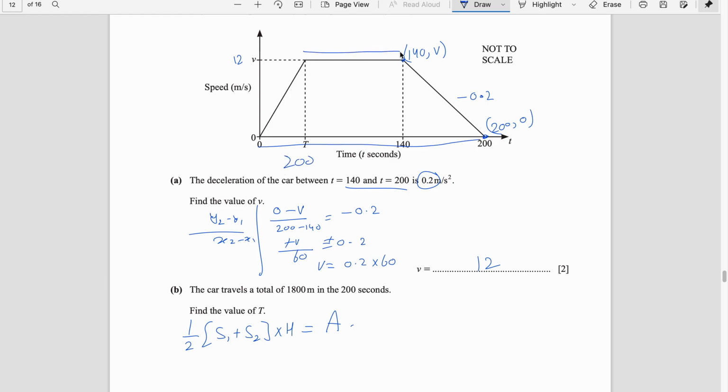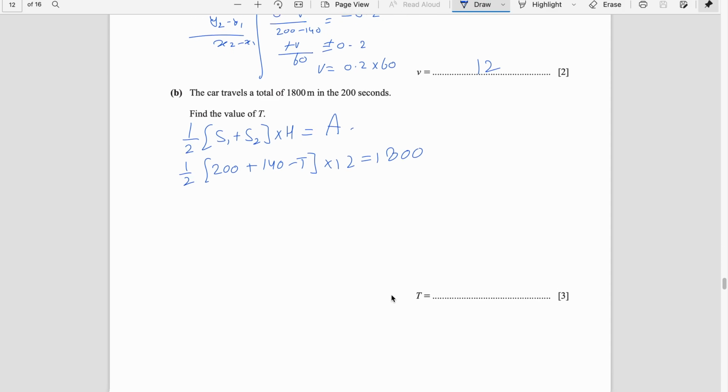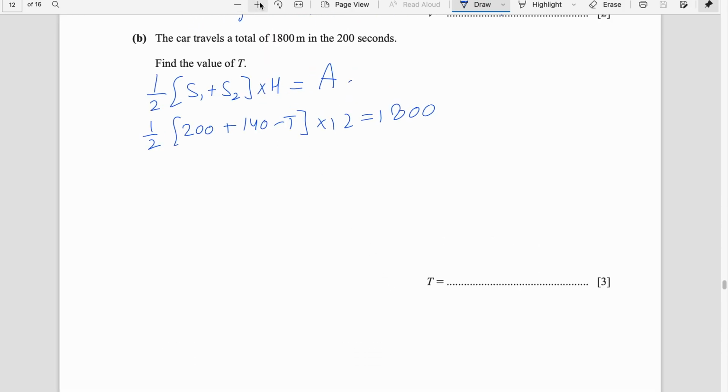Side 2 is this length, which is 140 minus t, and height is right here, that is 12. So now just plug in the values. 1 by 2 times side 1 plus side 2 times height is equal to the given area. Simplify it for the value of t.